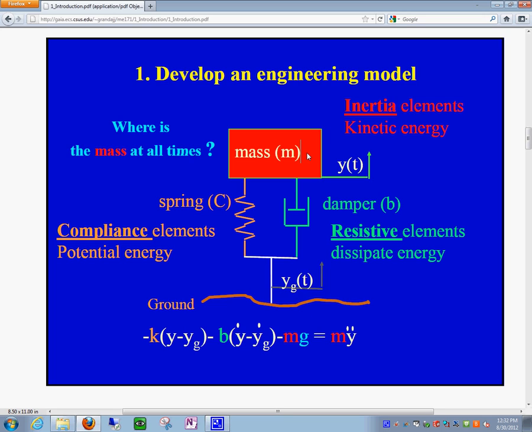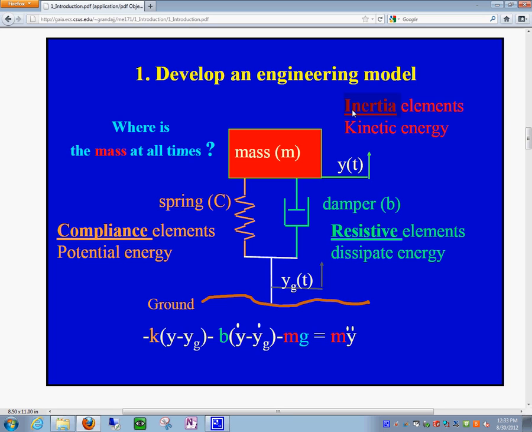This is a simple suspension system: here's the ground, and you have a spring, a damper, and a mass. It's a very simple oscillating system that has three different components. This mass we are going to call the inertia element. And later on, we'll simplify our language and call it the I element.